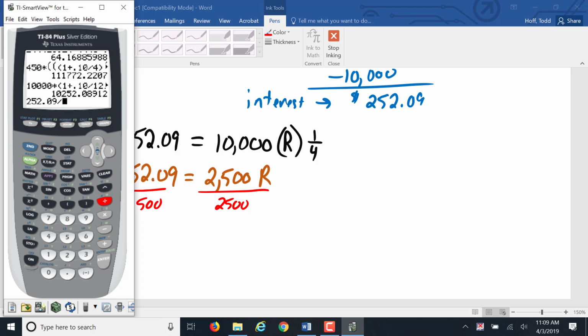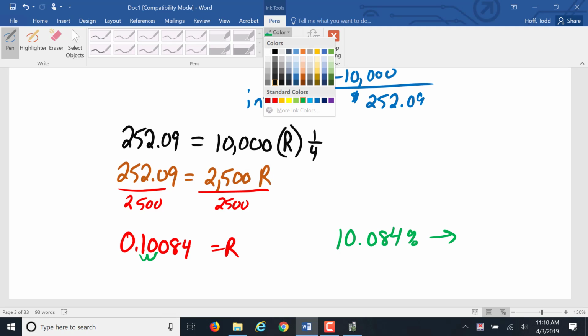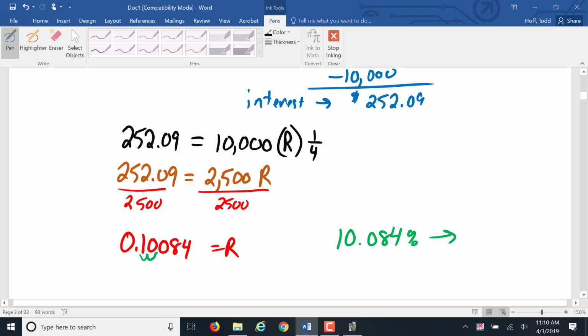So 252.09 divided by 2,500 gives us 0.10084 as our rate. Now we're going to convert that to a percent, 10.084%. And as we mentioned before, if we're not told where to round, we're going to round it to 2 decimal places, to 1/100 of a percent. So that's 10.08%. That is our effective rate for a quarter.